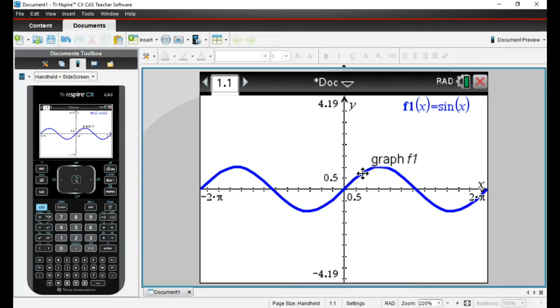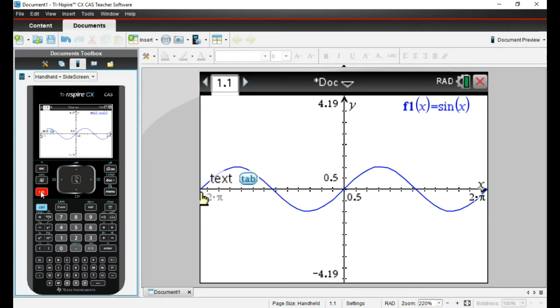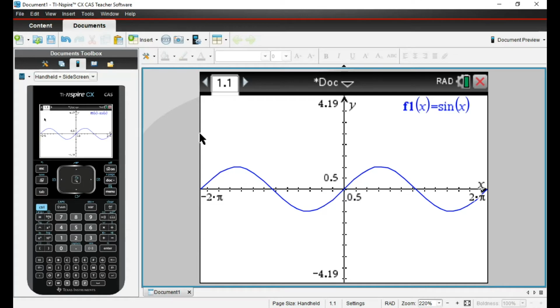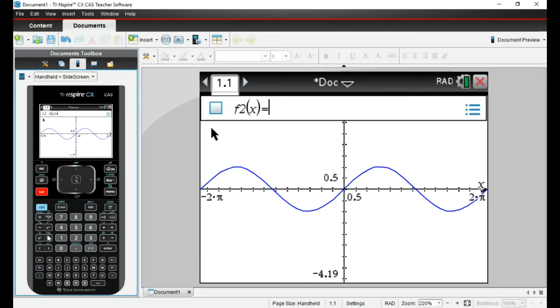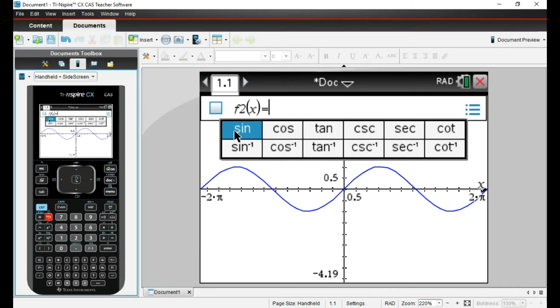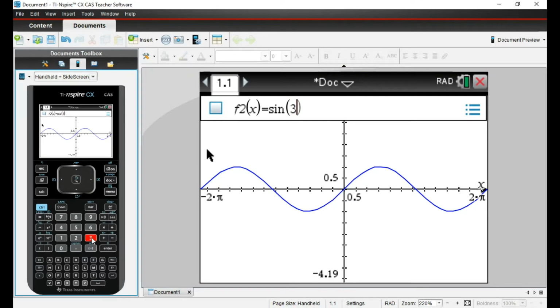So this is one complete period. That's what we graphed earlier. So here's y equals sine of 3x.